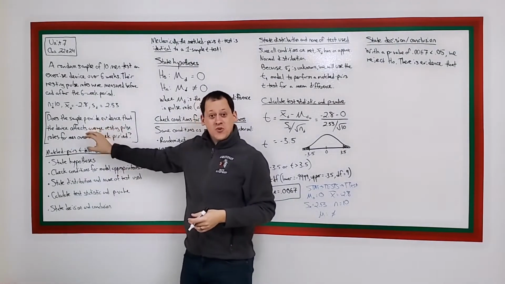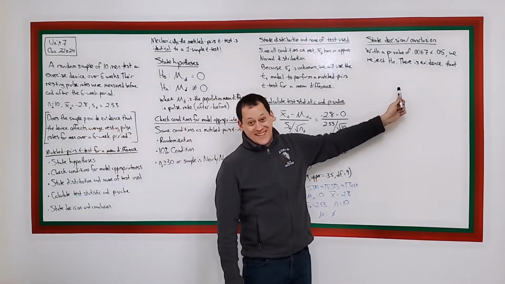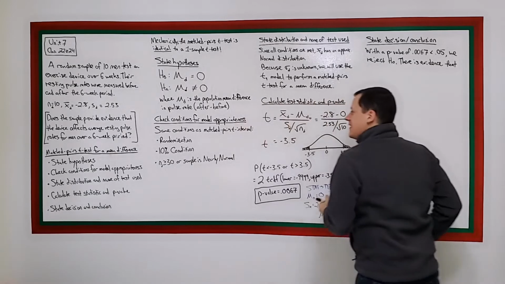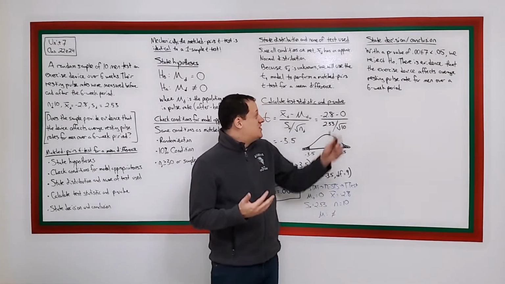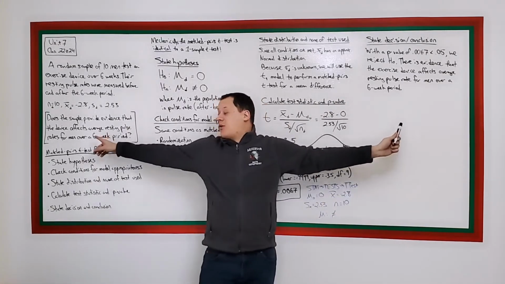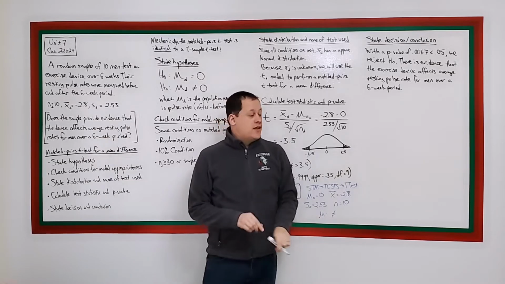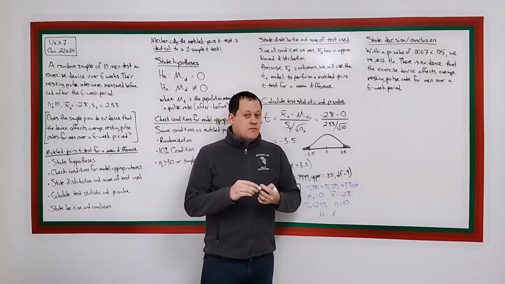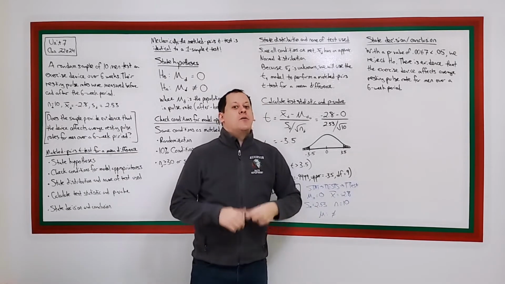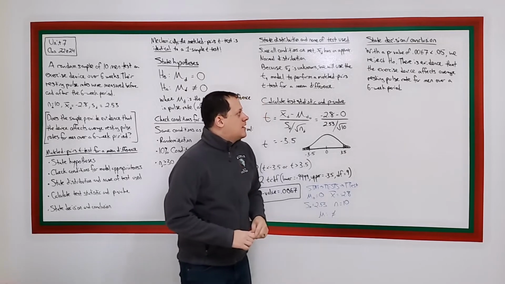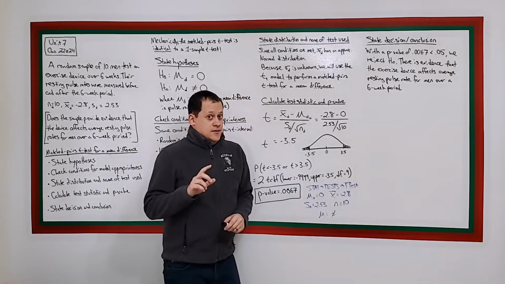I'm just going to Control-C, Control-V over here. So I literally just copied the language from the question in my conclusion. Yes, there's evidence of that, because the p-value is less than alpha and we rejected the null hypothesis. Now don't get cute.